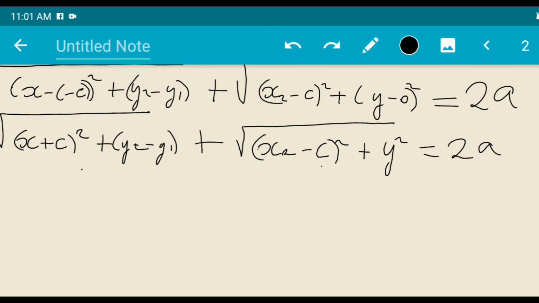So assuming this was also x here, it would be necessary to say x2 minus x, but in this case it's just not necessary to even put a 2 here, because it's obvious that we're dealing with x2 minus c. So let's move this to the other side. So this will now be x plus c squared plus y2 minus y1.